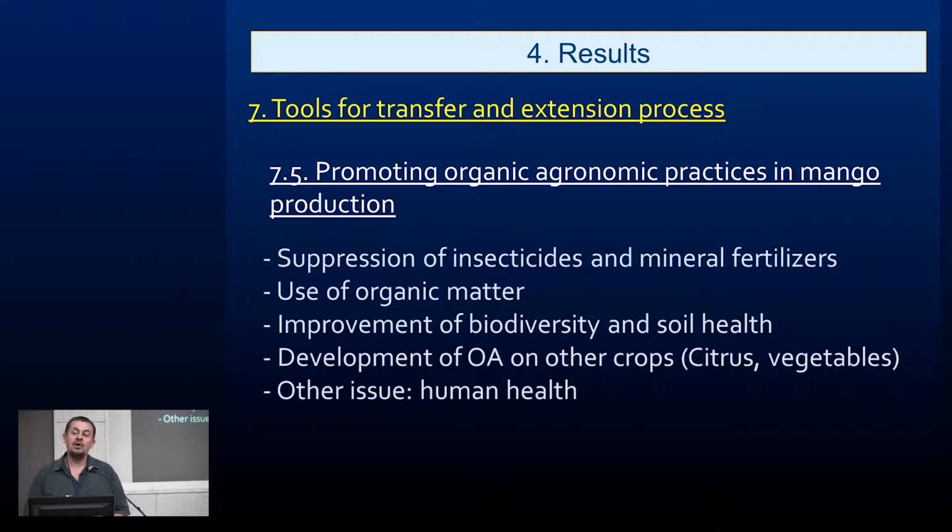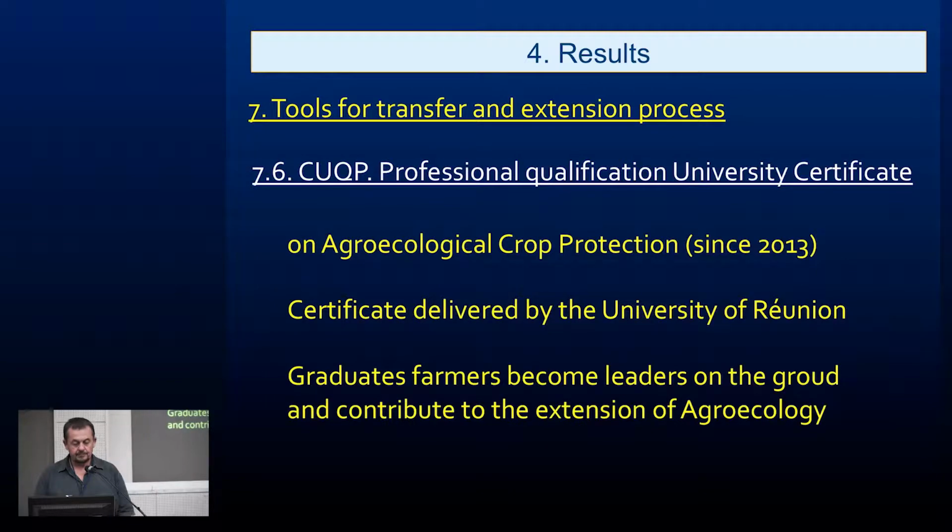We can use organic matter, and we improve the soil health and the biodiversity, which are also the same basis for organic agriculture. So this experience helps also the development of organic agriculture on other crops.